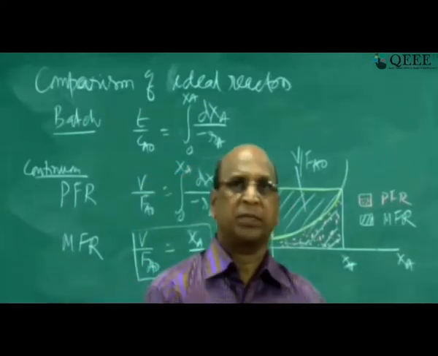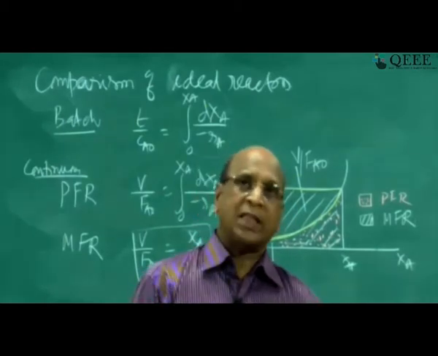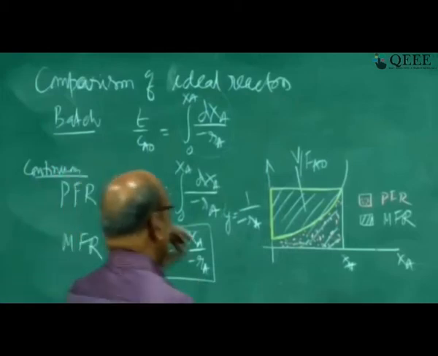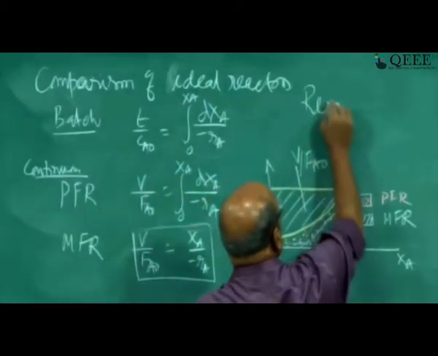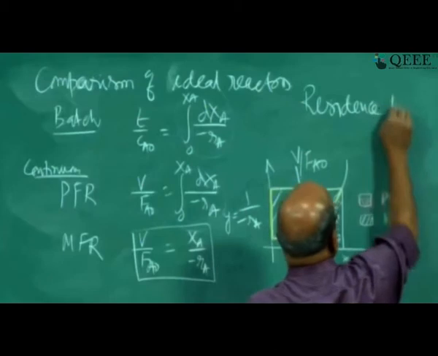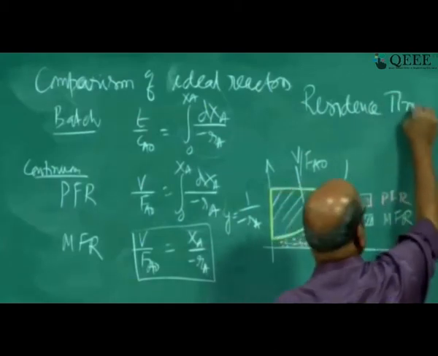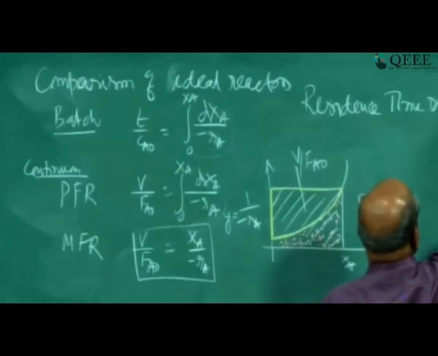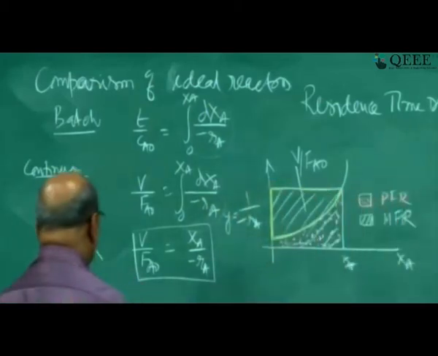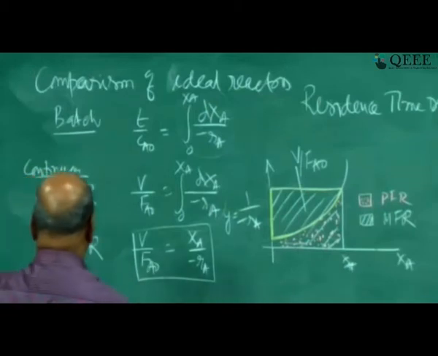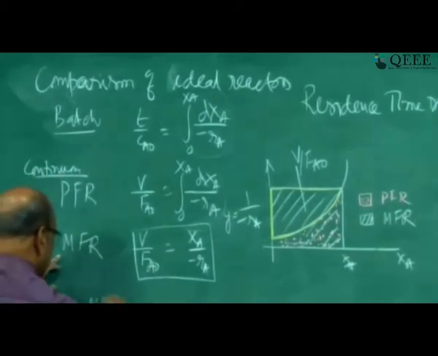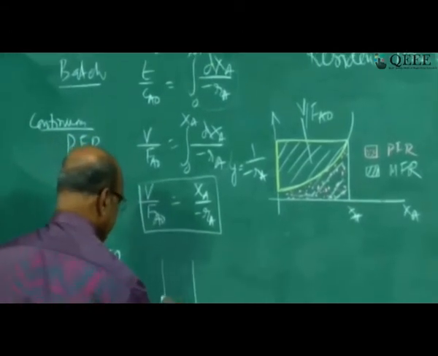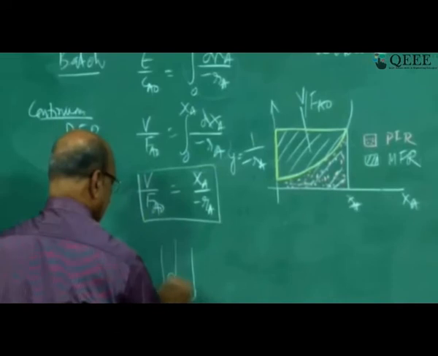We can also tell this in terms of residence time distributions, RTD we call. Residence time distribution, RTD. Do this experiment again. Let me take an MFR. MFR means a beaker of water, and then I have stirring.